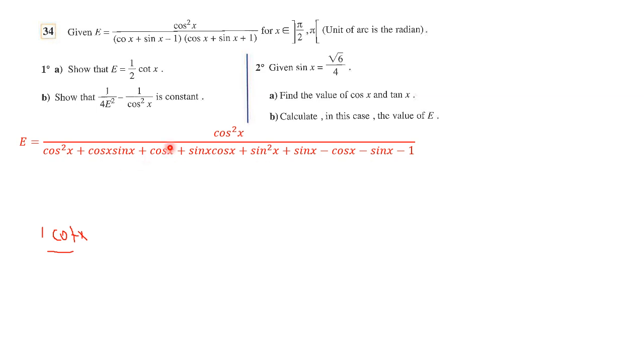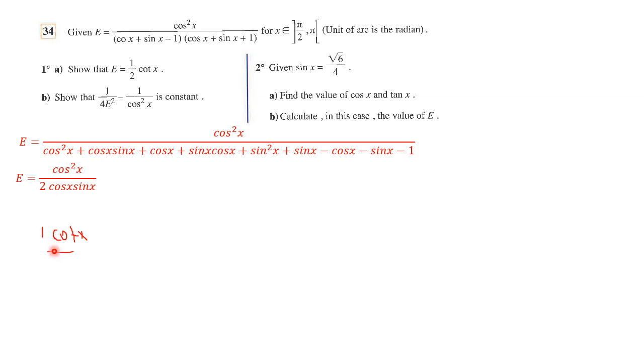So cosine times cosine, cosine squared, cosine times sine is cosine sine, cosine times 1, it's cosine. After multiplying all, now I will start simplifying. Sine x goes with minus sine, cosine goes with minus cosine, cosine squared plus sine squared is 1, minus 1 goes, so what's only left is cosine squared over cosine x sine x cosine x.